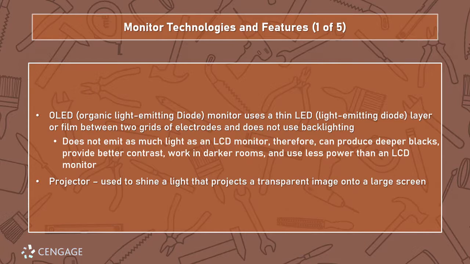It can produce much deeper blacks, much brighter whites, just by separation of what's called intensive contrast and dynamic contrast. It uses less power overall, but because it's organic, it will degrade over time. So we want to be careful with OLEDs. The projector, these are specific types of transparent projection images. Usually it's going to use a series of lenses to flip and reflect the image.